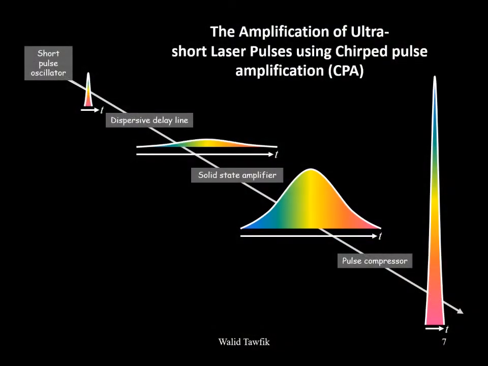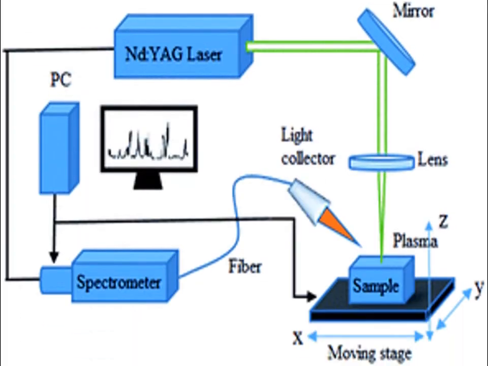This picosecond laser depends on the well-known technique of chirped pulse amplification, in which we start by expanding the pulse duration, then after amplification we compress the pulse duration again to get a very high intensity picosecond laser pulse.